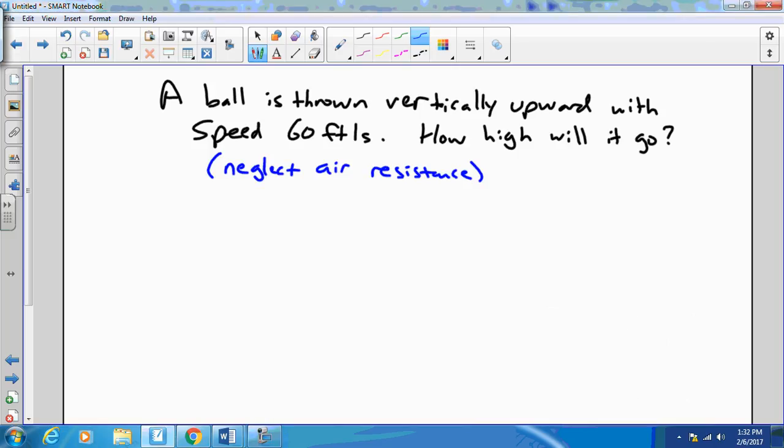And so because of that, we can immediately say that the acceleration is negative 32 feet per second squared. The problem doesn't tell us that explicitly, but it implies it because we are throwing this thing up into the air. And we notice that this is constant acceleration, so that our equations from the previous page can now be used.